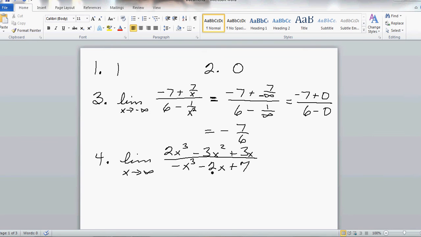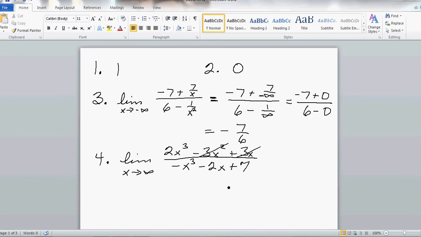Okay, now here, intuitively, what we're going to look at is this. If we look at just the numerator, which of these is really causing the biggest behavior change? And basically, another way to ask that question is, what is making it grow the fastest? And that would be just this term here.